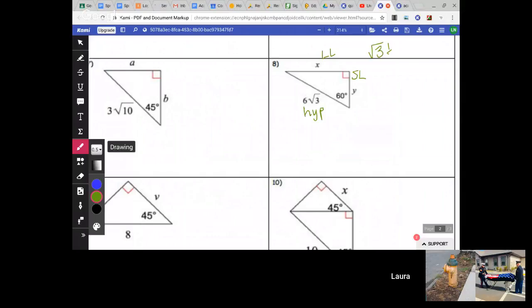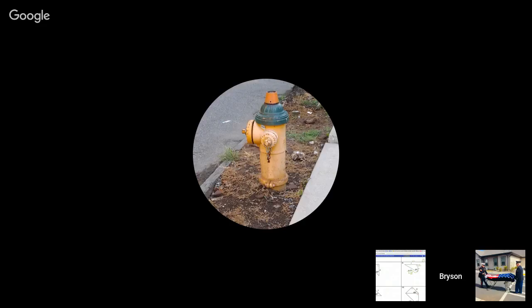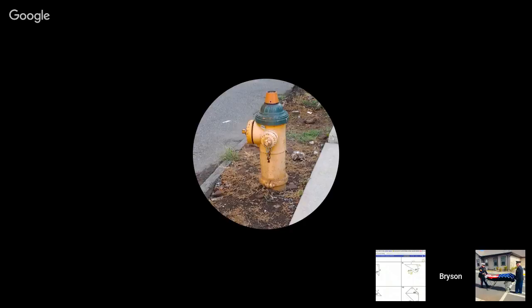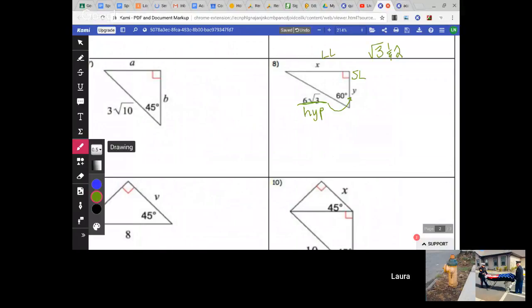Which one do you use with the hypotenuse value in order to get your short leg? Root 3? No. Oh, so it would be 2. Yeah, the number the hypotenuse likes is 2. So anytime you're dealing with your hypotenuse, you're thinking about 2, either multiplying or dividing by 2.